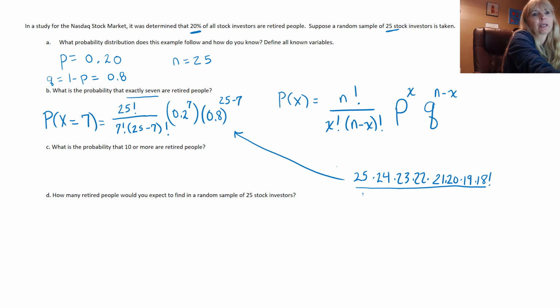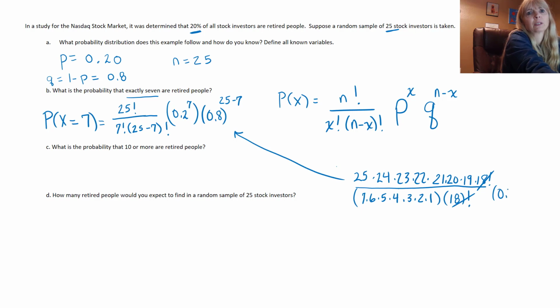Then 7 factorial: 7 times 6 times 5 times 4 times 3 times 2 times 1. And in the parentheses, 25 minus 7 is 18 factorial. Now you see what I did there.